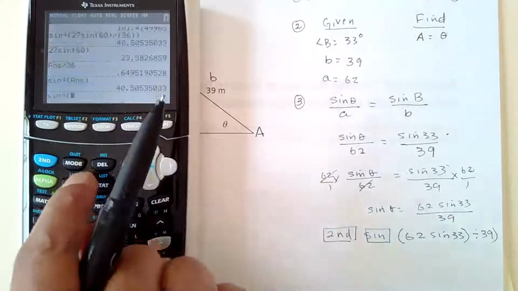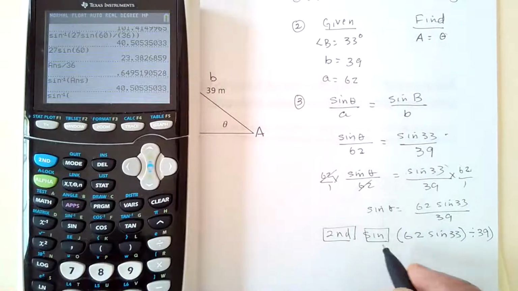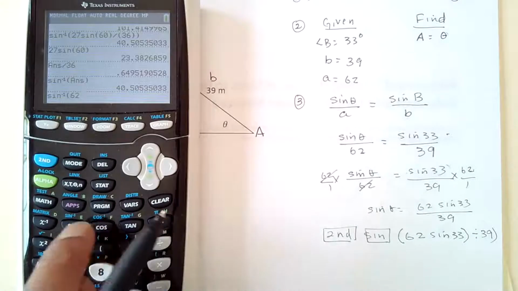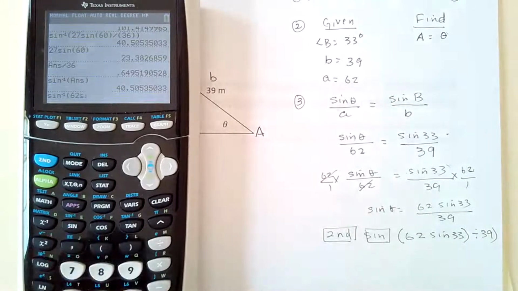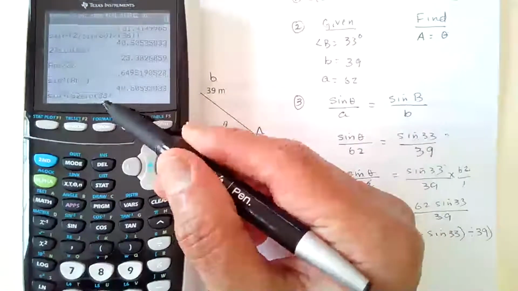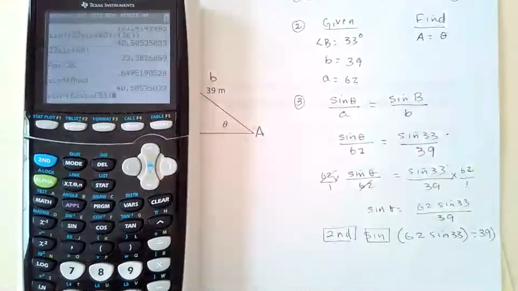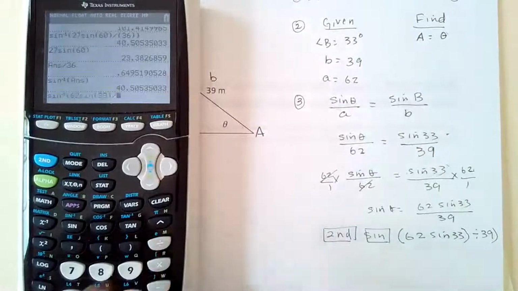Second sine, open bracket, 62 sine 33, close bracket. I need to close that bracket because you don't want it to be part of a different computation. Divided by 39. Close bracket.